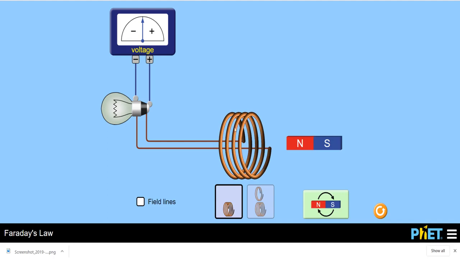I can put this bar magnet stationary and move this coil, or I can move both of them, but at least there should be one moving thing, so that there is a change in the flux, d phi by dt.